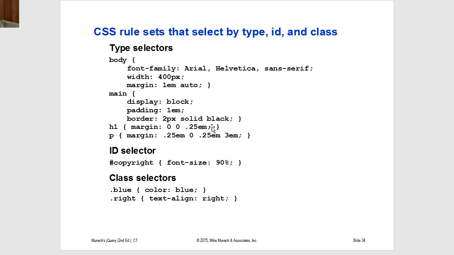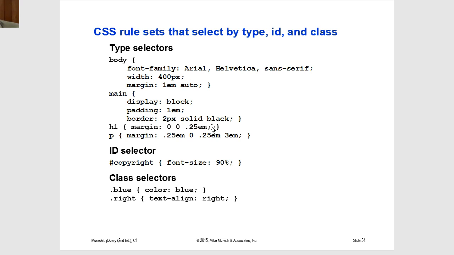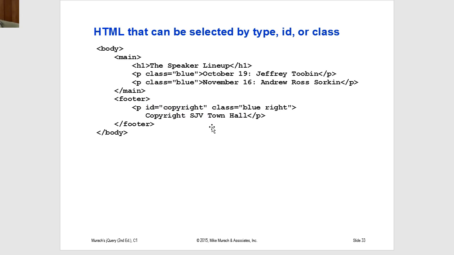And as a matter of fact, here's some examples of the P tag all by itself, with a copyright ID selector called copyright, and then the class is called blue. Where you can see ID equals copyright down towards the bottom, it's going to reference that pound copyright look and feel.